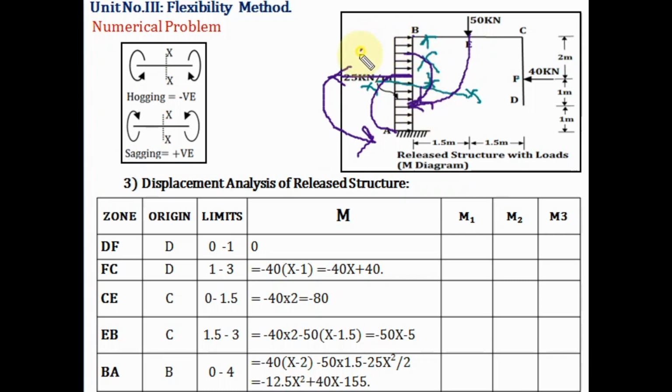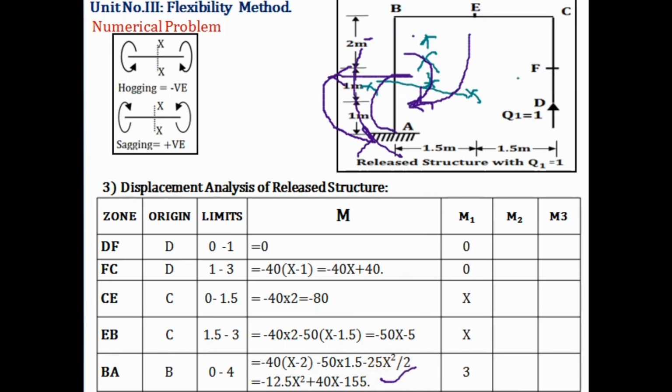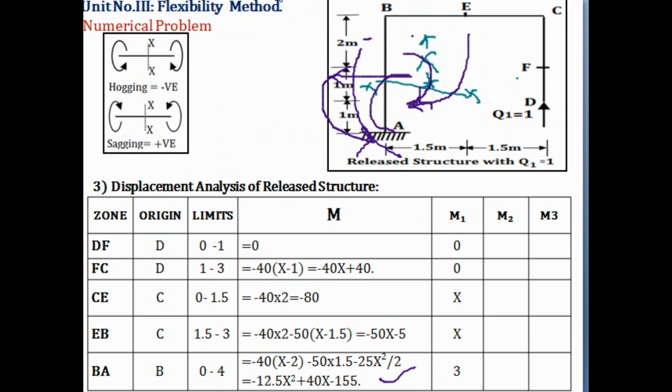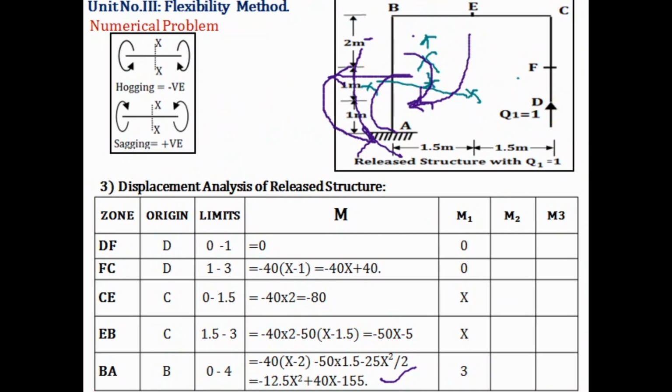Again the nature is hogging, so the value is minus 25 into the distance x into x by 2. If we solve this, we'll get this expression. So this was the bending moment for the released structure with load.